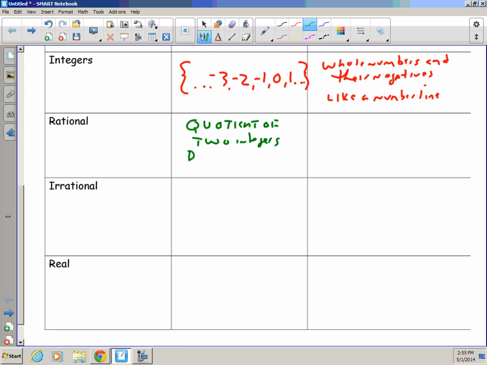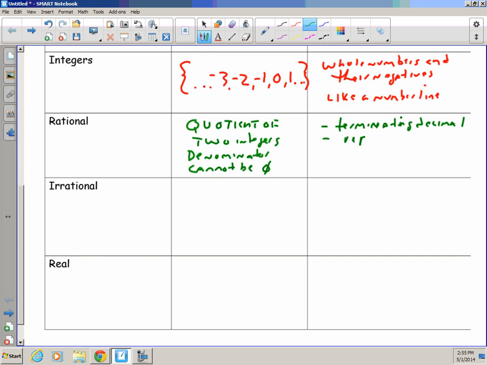The denominator cannot be 0. Okay? So what we're talking about is a terminating decimal. And we're going to do more with these rational numbers and irrational numbers later on in this unit.